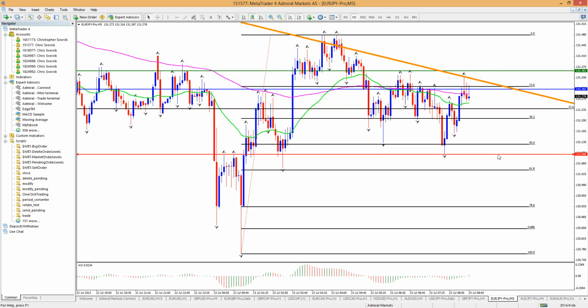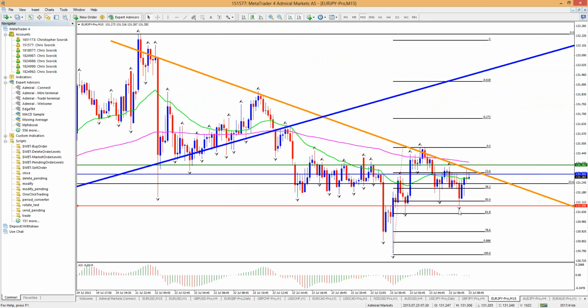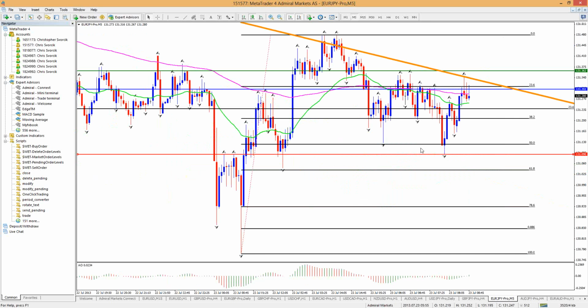I will put the stop loss. Tempted to use a tighter stop loss, but probably a wider one would make it safer.